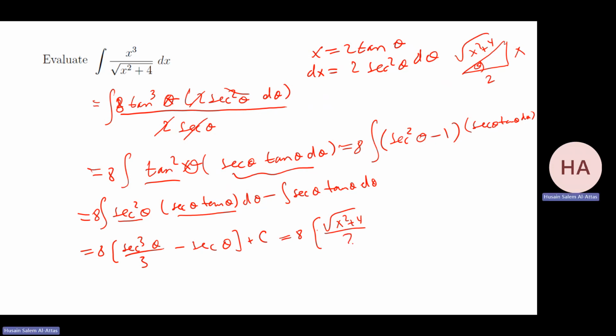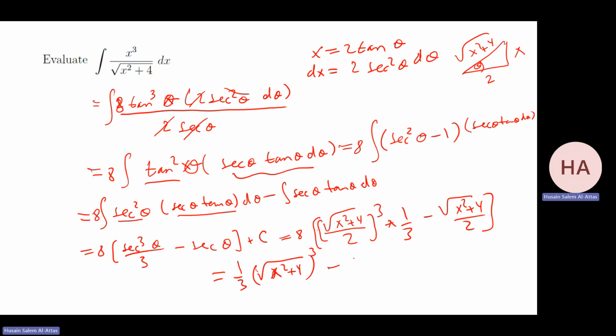So I have 8 times secant cubed, all of this cubed, times 1 over 3. Secant is square root of x squared plus 4 over 2, minus square root of x squared plus 4 over 2. That gives me 1 over 3 square root of x squared plus 4 all cubed. This 8 will cancel with 2 cubed. Minus 4 square root of x squared plus 4 plus c.